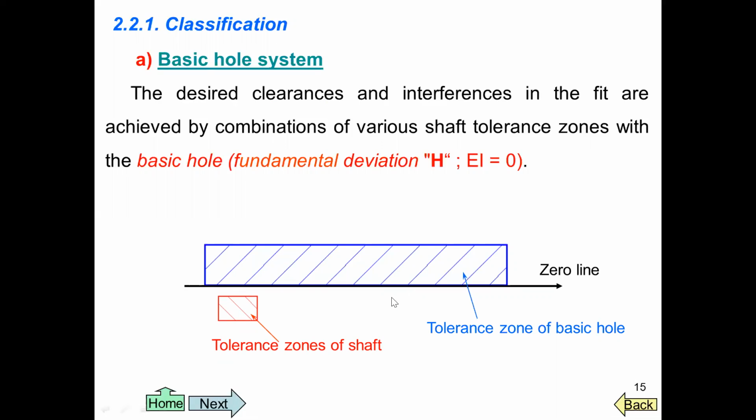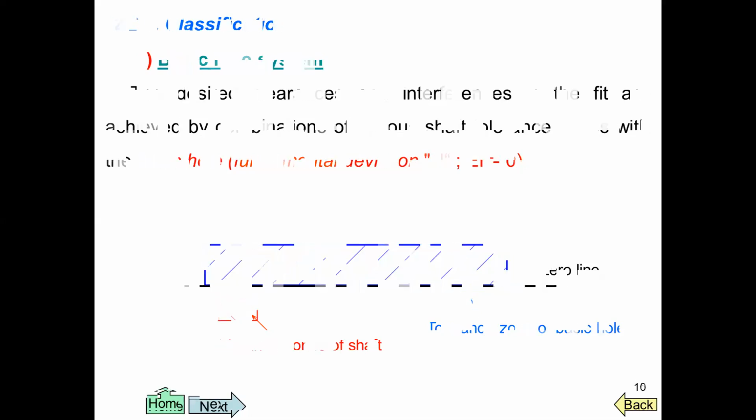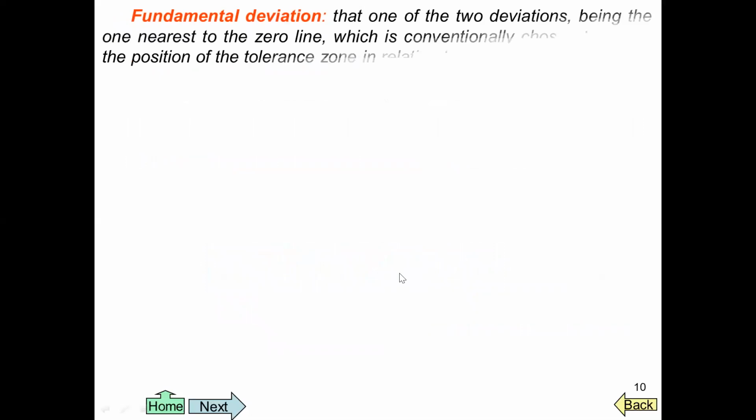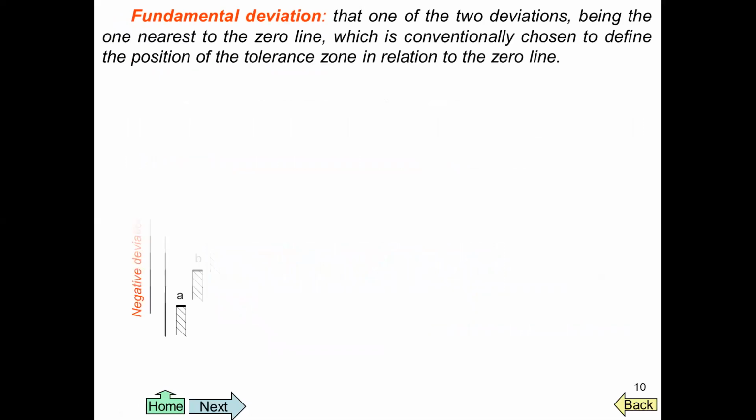If you want to have a tolerance zone of the shaft below the zero line, you have to choose a proper fundamental deviation of the shaft. Let's go back to the fundamental deviation of the shaft.